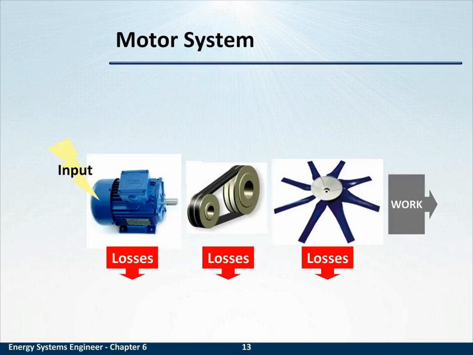And the input energy into the motor, there are some losses because of the motor. There are some losses because of the pulley and the belt and the fan, so that by the time you get the work out of your system, you have to account for these losses.